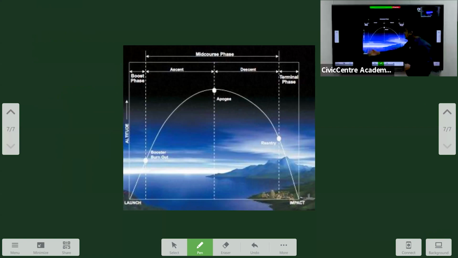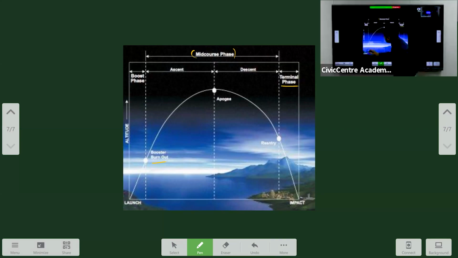Now, let me show you a simple diagram to make you understand the different phases. If you can see, this is the place where the launch is going to start, and this is the place we are trying to target, or where we can see the impact of the detonation. As you can see, there are three phases shown here. One is the booster burnout phase, the second is the mid-course phase, and this is the terminal phase.